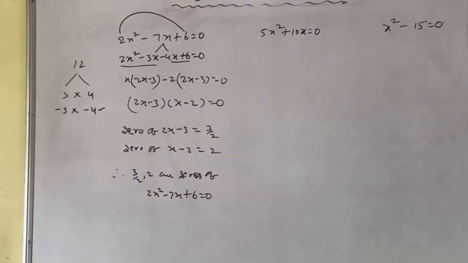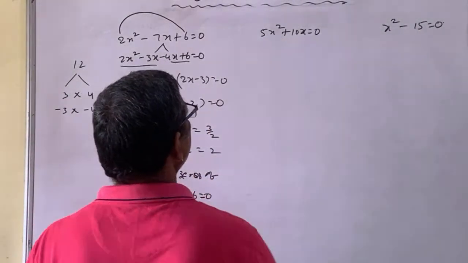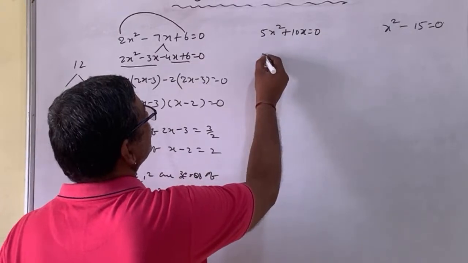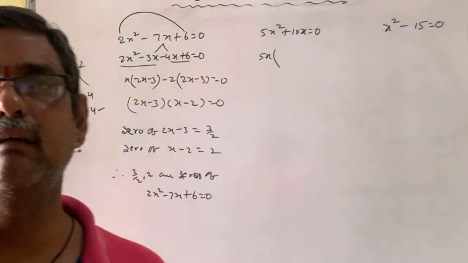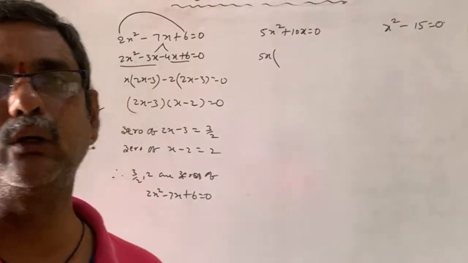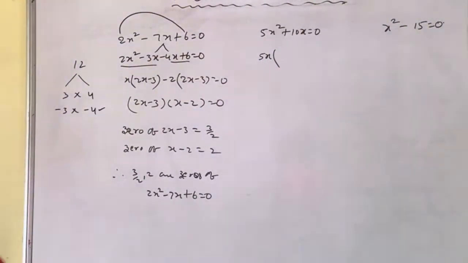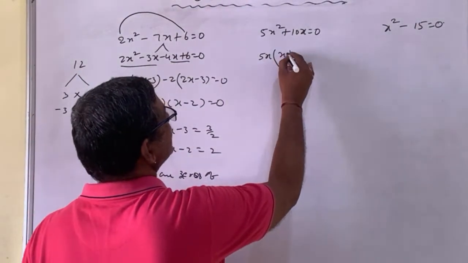Now see the second form. Here, we can take 5x common from the two terms, and what is remaining? x plus 2.